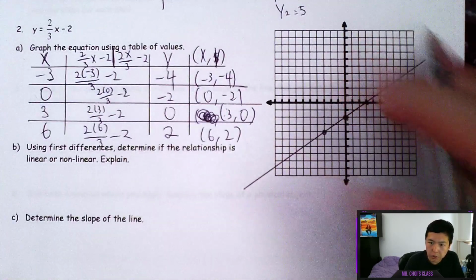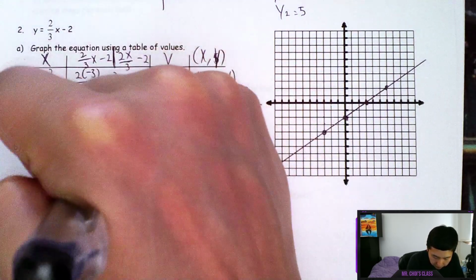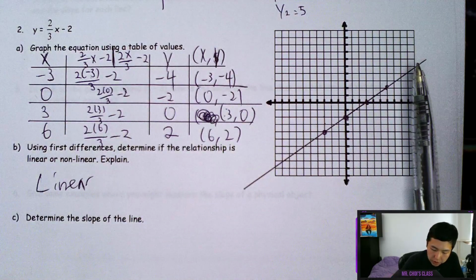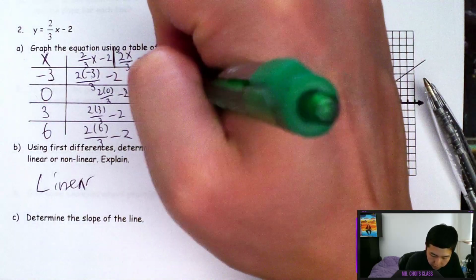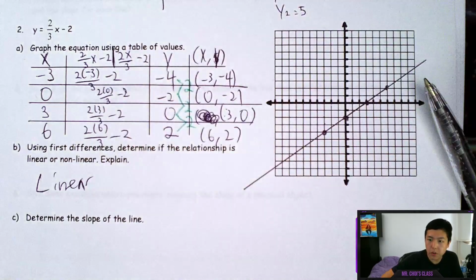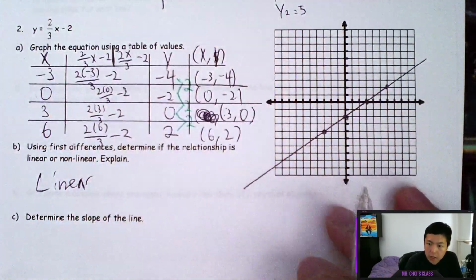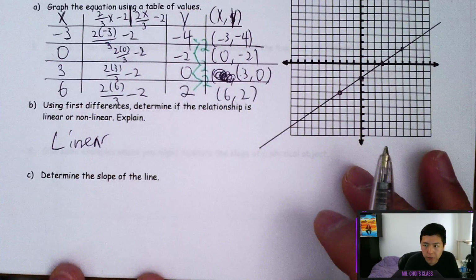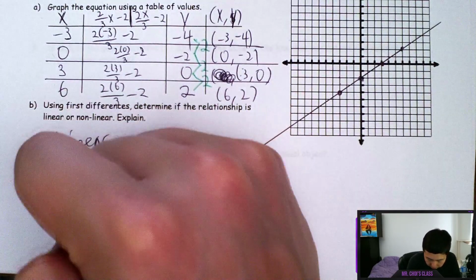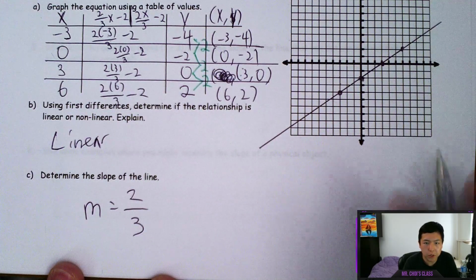And so when we do our first differences, this is definitely linear. Okay, first differences, you'll notice here it's 2, 2, and 2. So it's all 2's. And this is linear. And the slope of the line you should have gotten with whatever method is 2 over 3.